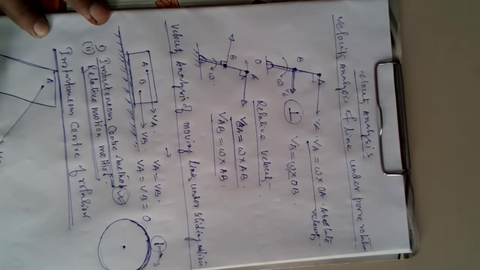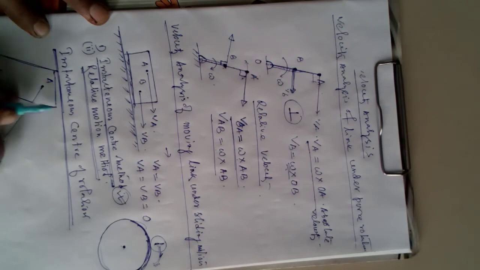Again we consider a point B. Suppose the direction of velocity of this point is VB.